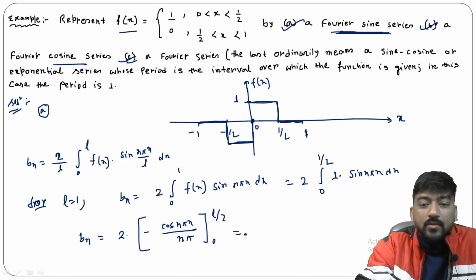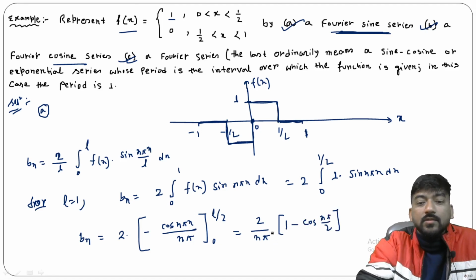So your bn value will be 2 by n pi into, if you put 0, cos 0 is 1, minus, if you put L by 2, cos n pi by 2. So you will get this 2 by n pi.